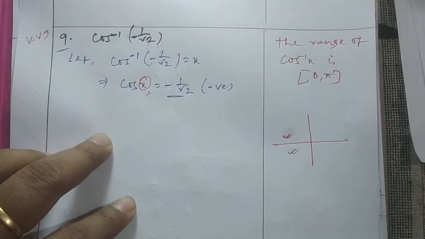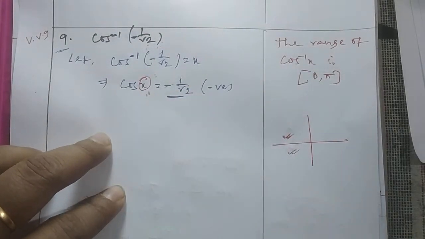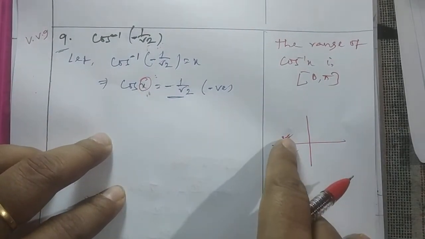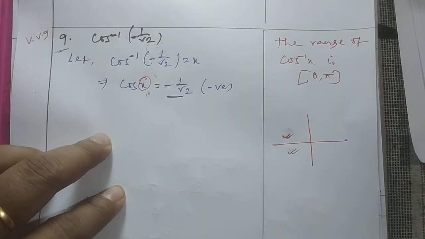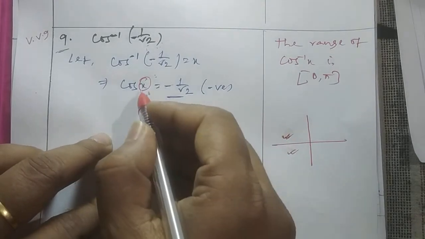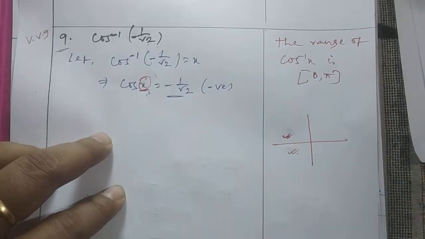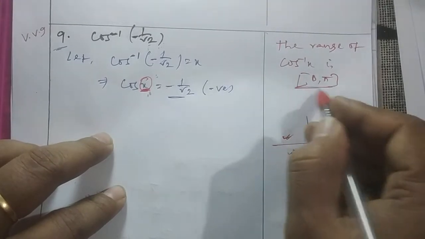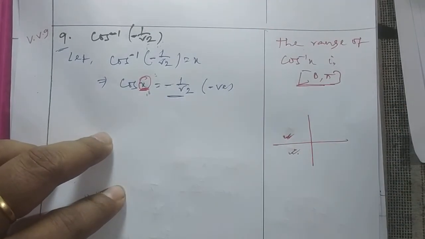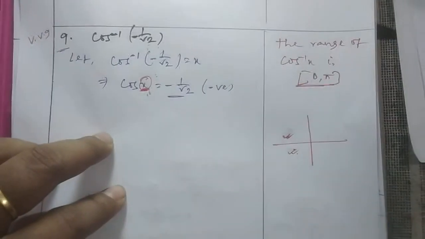Again I am saying, here we got cos x is negative. So it is confirmed that the angle x belongs to either the second quadrant or the third quadrant. But the problem is that if we take the angle in the third quadrant, it will be crossing the range of cos inverse x.